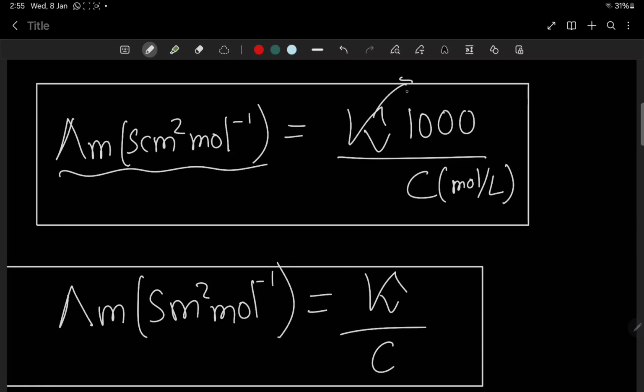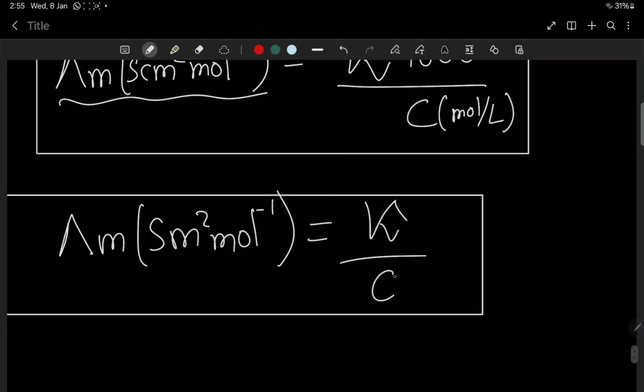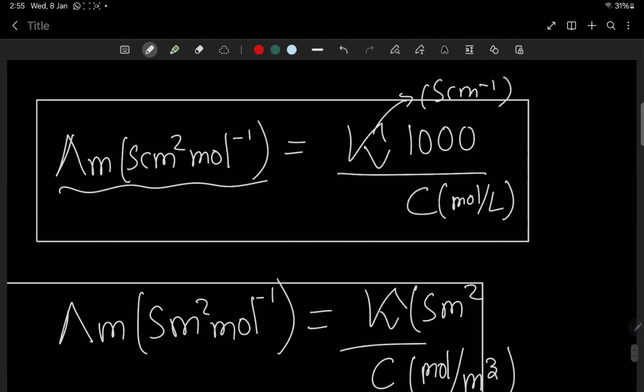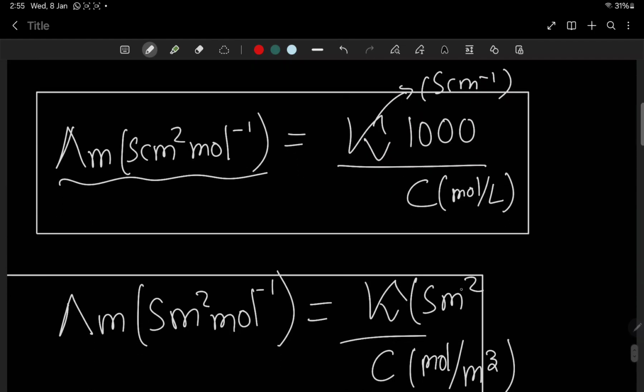and kappa in Siemens centimeter inverse. But when we are measuring in SI units, C should be measured in mole per meter cube, not liter, and kappa is measured in Siemens meter inverse.